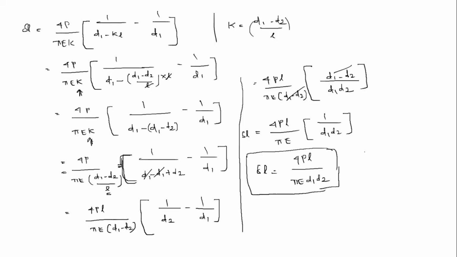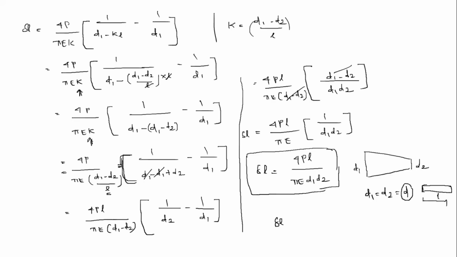Uniform taper bar. This is the bigger end, this is the smaller end. So this is d2 and this is d1. So del L, the elongation of this taper bar, is equal to 4PL divided by pi E d1 d2. If d1 is the same as d2, which is equal to d, which means the diameter of the bar is uniform throughout the length L, then what is the formula? Substitute d1 d2 equal to d.